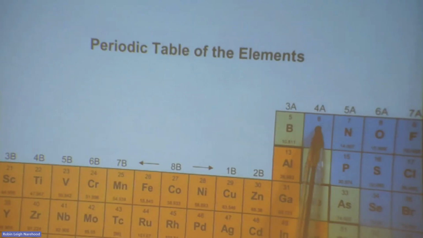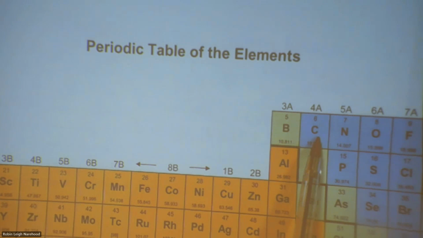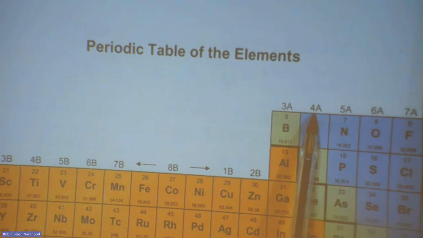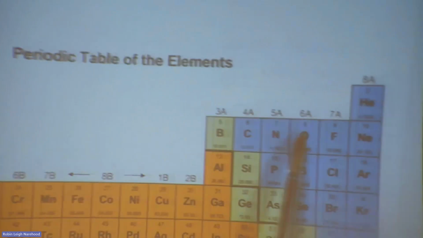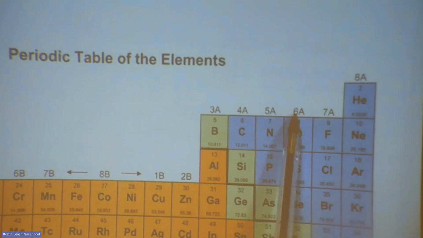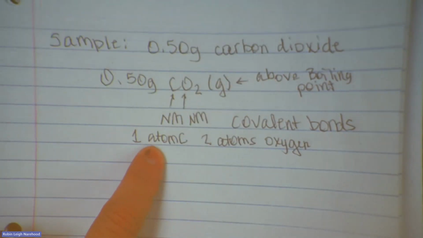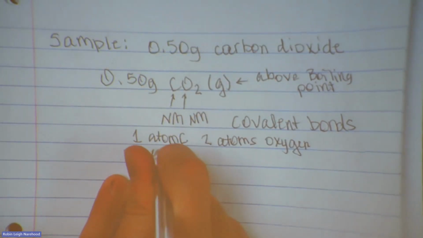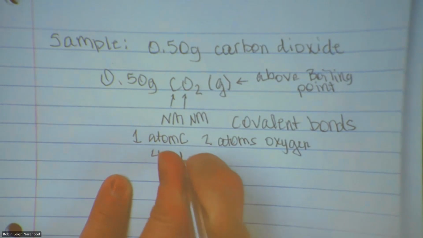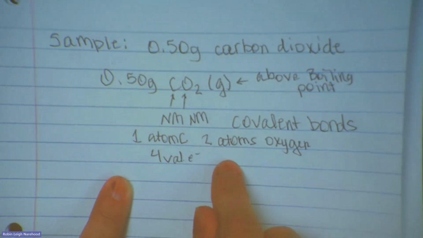And so how many valence electrons does carbon have? 4. Every atom of carbon has 4 valence electrons. How about oxygen? 6. So we have 1 carbon atom that has 4 valence electrons, and we have 2 oxygens that we're going to draw.